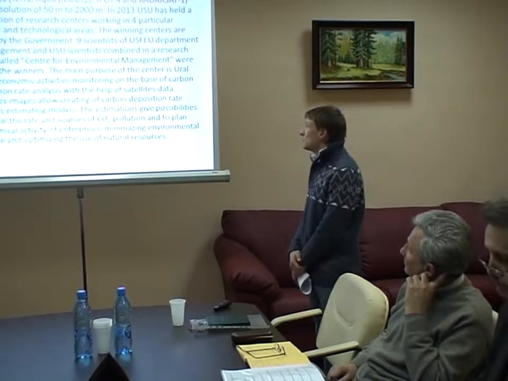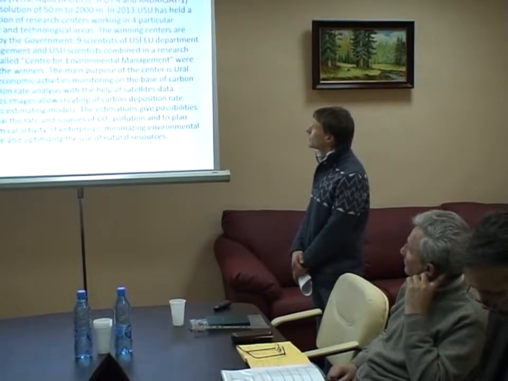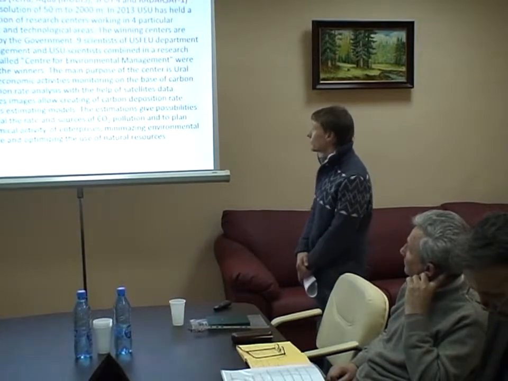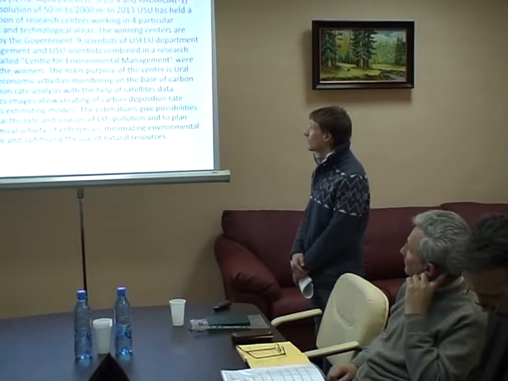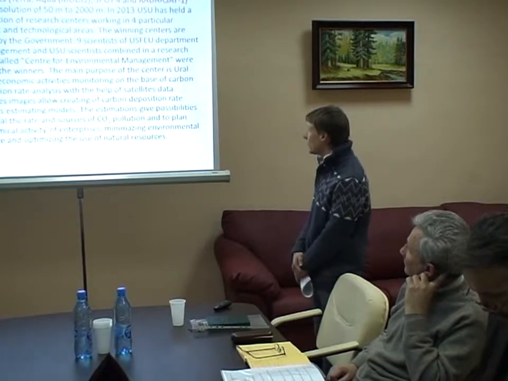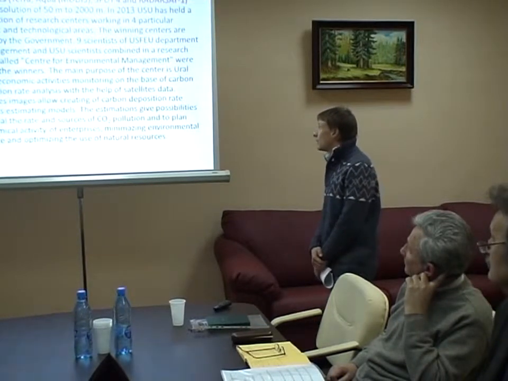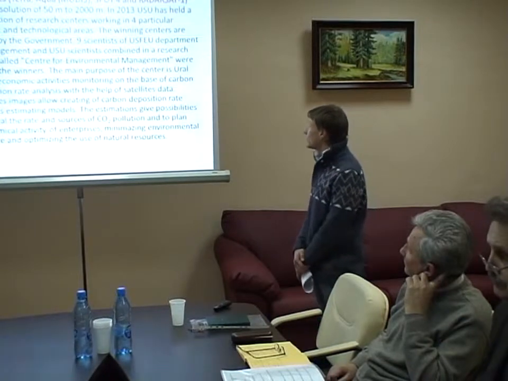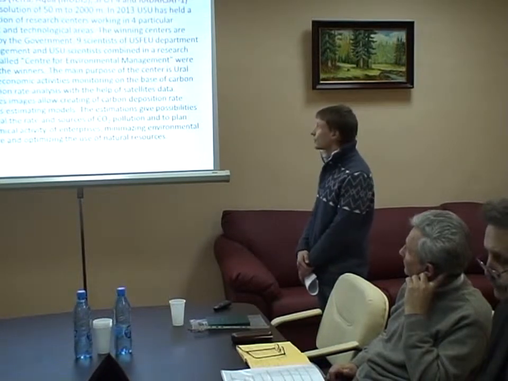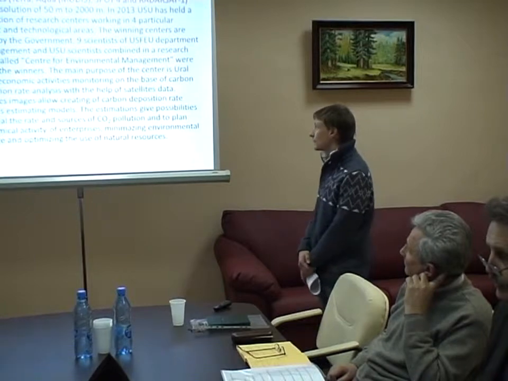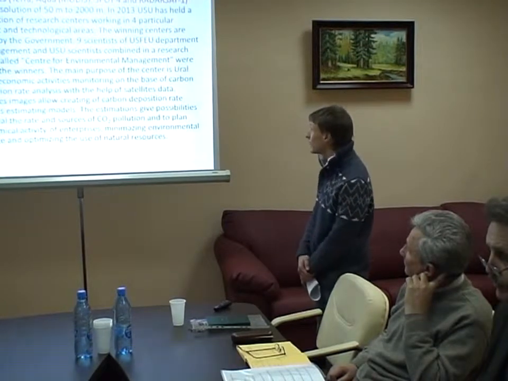We can get images with a resolution from 50 to 2000 meters, and in 2030 Ural State University has held a competition of research centers working in 4 particular scientific and technological areas.